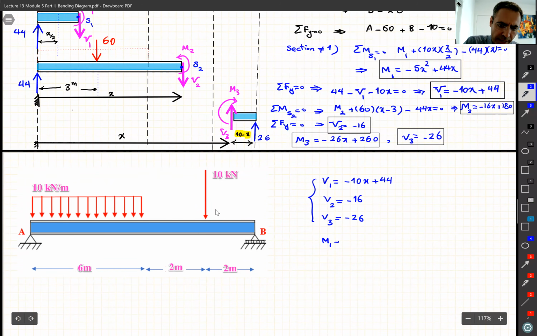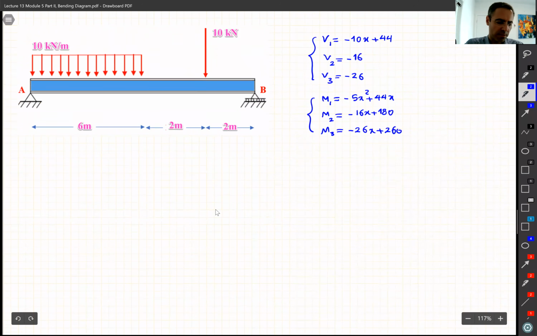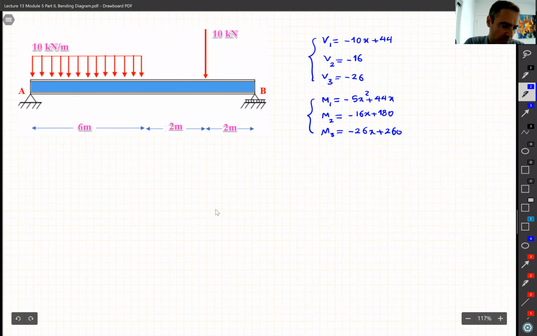And then M1 minus 5x squared plus 44x, M2 minus 16x plus 180, and M3 minus 26x plus 260. All right, so let's move to this clean page.